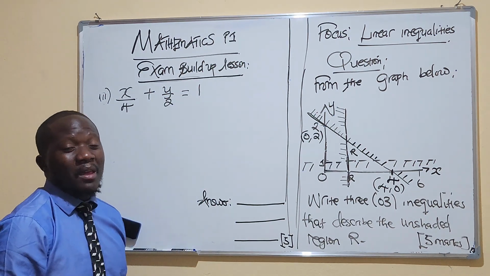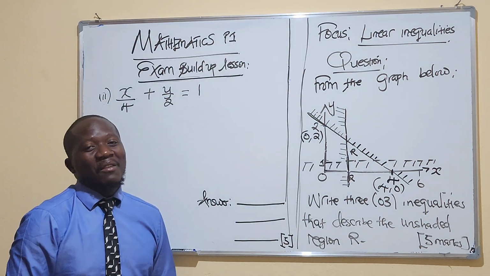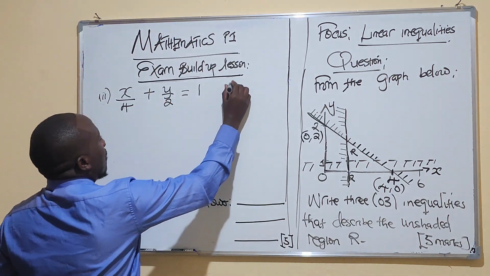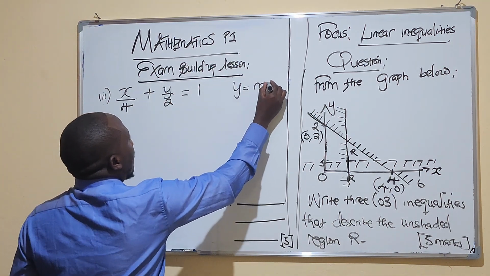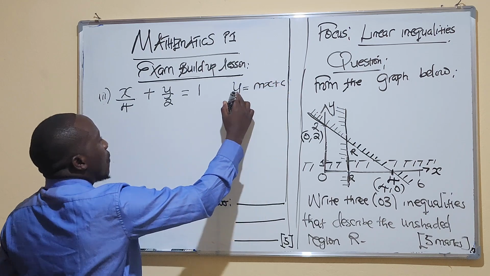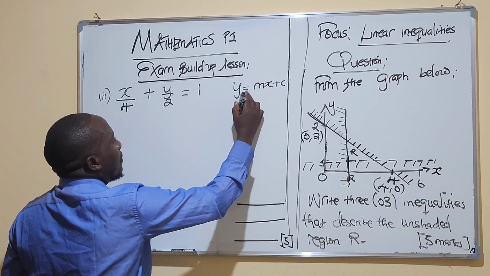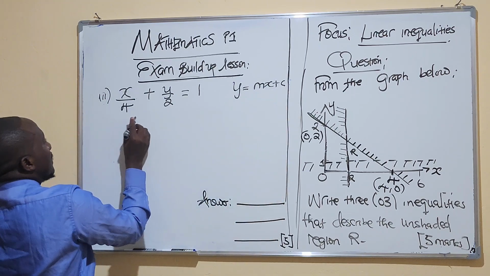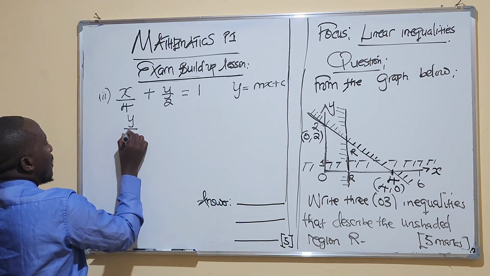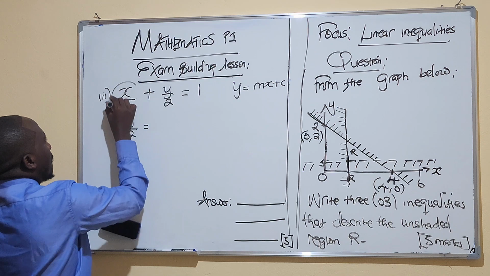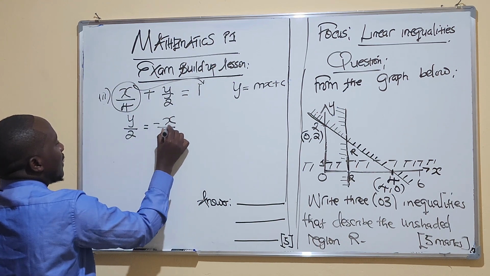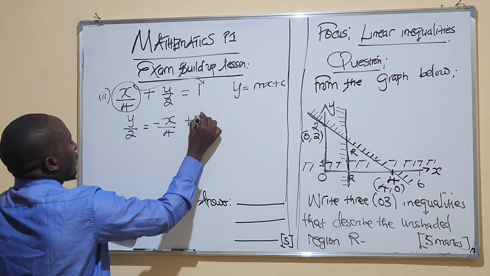This is also another method, especially for beginner-friendly explanations. Here we write this in the y-intercept form, which is y equals mx plus c, where y and x are variables, m is the gradient, and c is a number. In this instance, we remain with y over 2 equals, if we cross this to the other side, negative x over 4, and then plus 1.